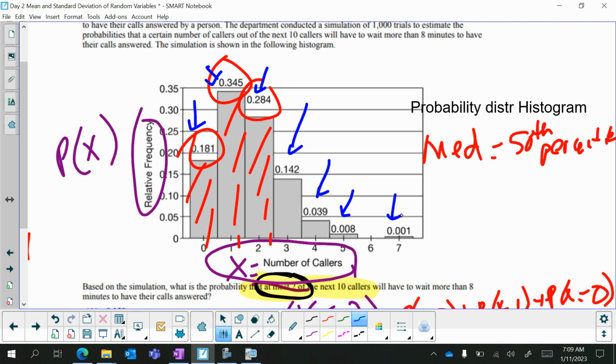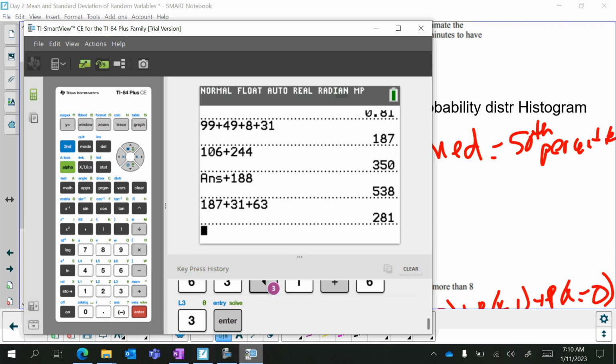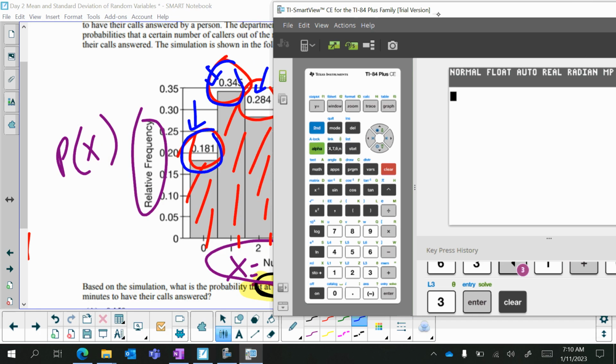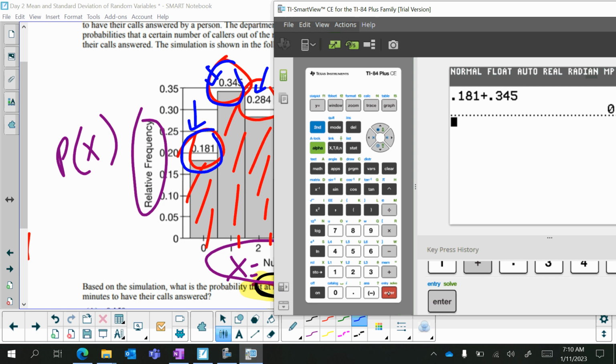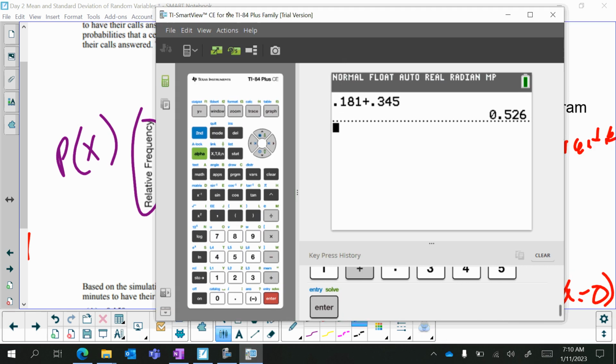So if I add the first 2 bars, probabilities 0.181 plus 0.345, have I reached 0.5? And the answer is yes.